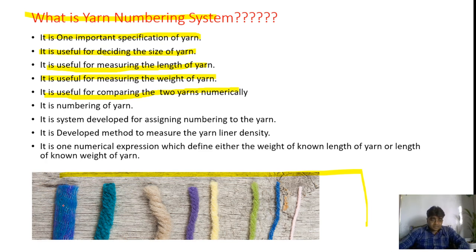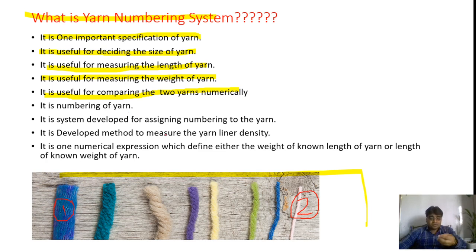This is yarn number 1 and this is yarn number 2. These are two different sizes of yarns. After seeing both, the picture is in front of you. You can say number 2 is very thin in nature and number 1 is very thick in nature. That is what you are comparing.